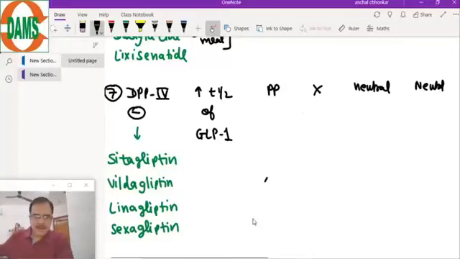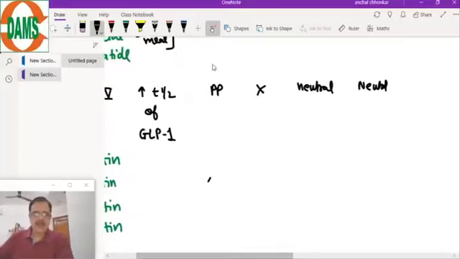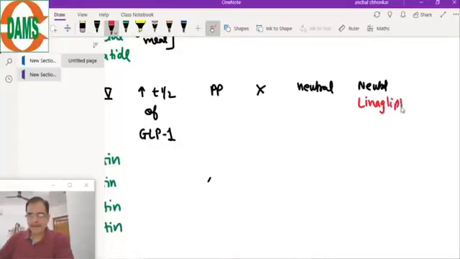And a very important point in this group is that linagliptin is safest in CKD, no dose reduction.